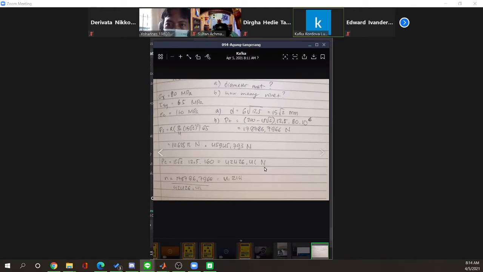And since the PC is lower than the PS, for the formula to find the number of rivets, I use the PC. Then I divide the PT by the PC, and I get 4.2.